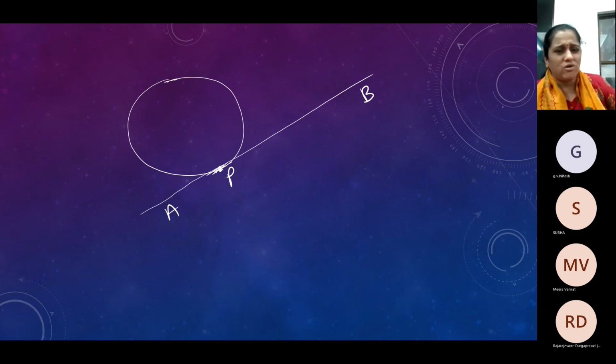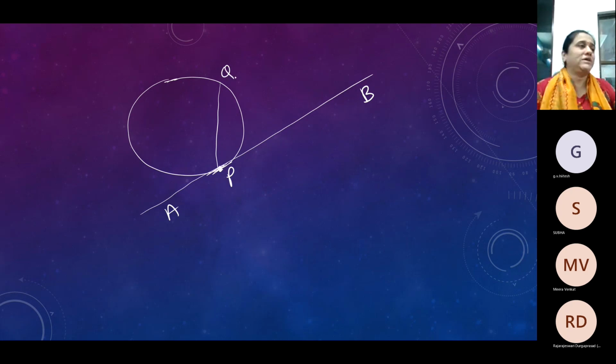Anyhow you can draw it, so I'm just doing it like this. What is this? Chord PQ. Now, what is this angle? It is the angle between the chord and the tangent on one side.